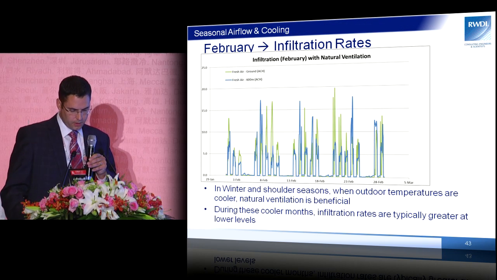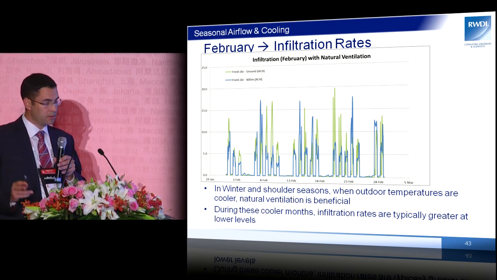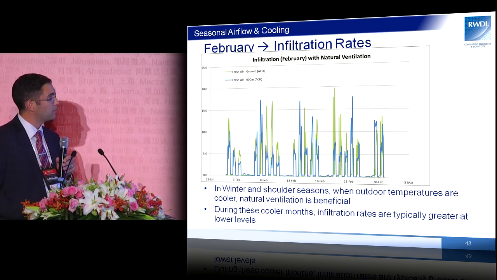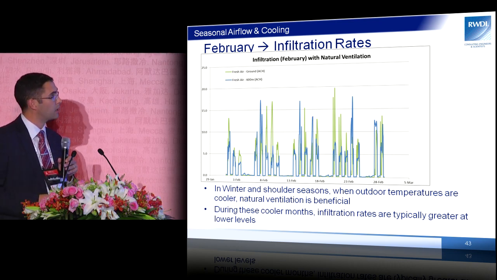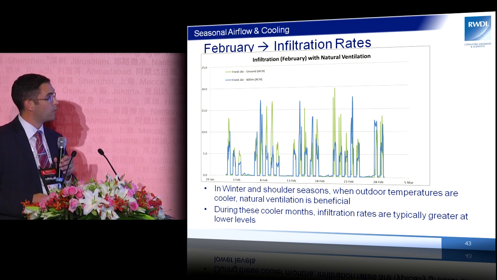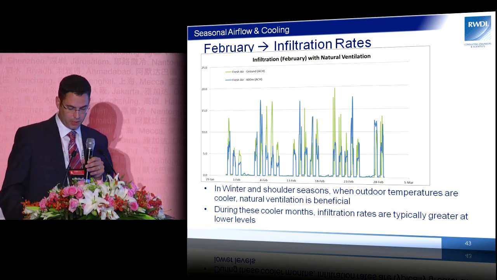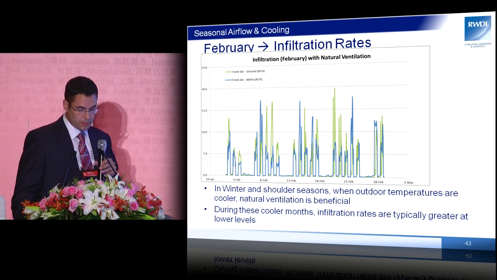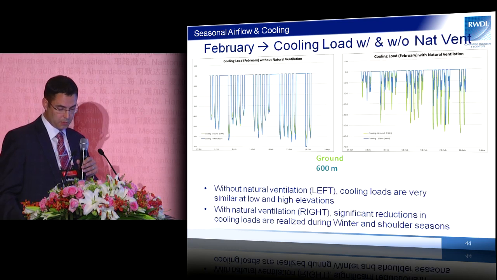But what he found in general is that in the sort of more temperate, and this is for a very hot climate, I should have mentioned that, it's a Middle East climate again, but for some of the more temperate times of year, so in the winter and perhaps early spring, late fall, then we're starting to see some good benefits from an energy consumption point of view by looking at natural ventilation.